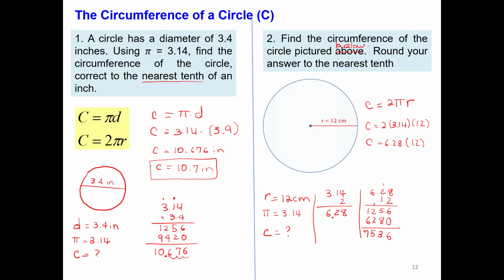Then how many decimal places did we have here? 1, 2, 1, 2.